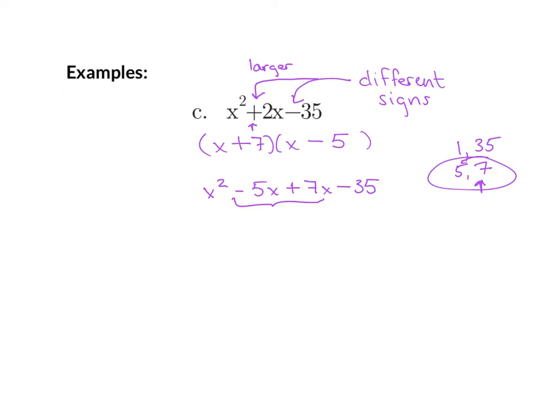We combine our like terms and we get x squared plus 2x minus 35. So this is the correct factoring.